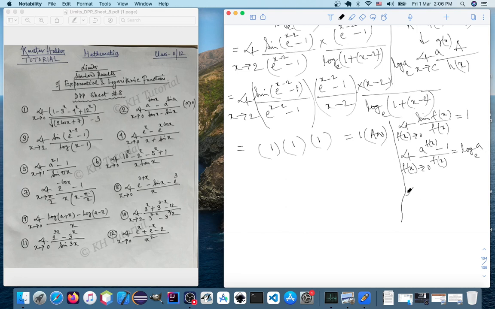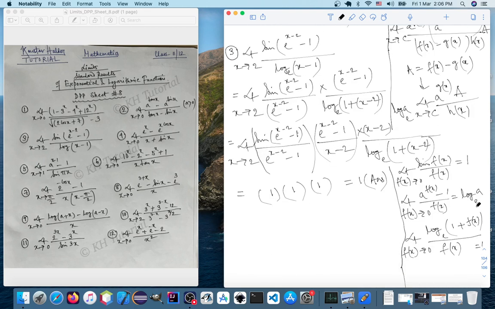Also, limit f(x) tending to 0 of log of 1 plus f(x) by f(x) is 1, so that you can relate.